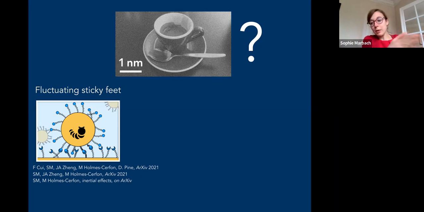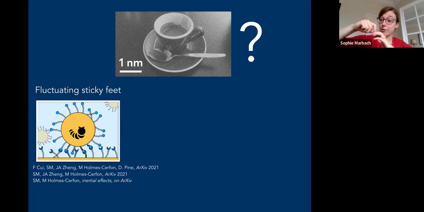So I've been investigating 3 different areas, and I'd like to mention all 3 of them, and I'll focus on one main area today. One of them is complex particles, which I call fluctuating sticky feet particles. They can achieve specific transport mediated by their physical properties.